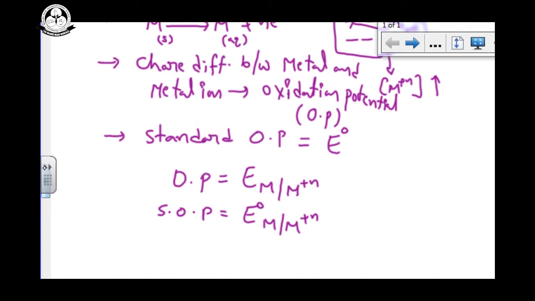So as usual, now the third and most important thing is the salt bridge. What is the importance of this salt bridge? The third part in the galvanic cell is the salt bridge.